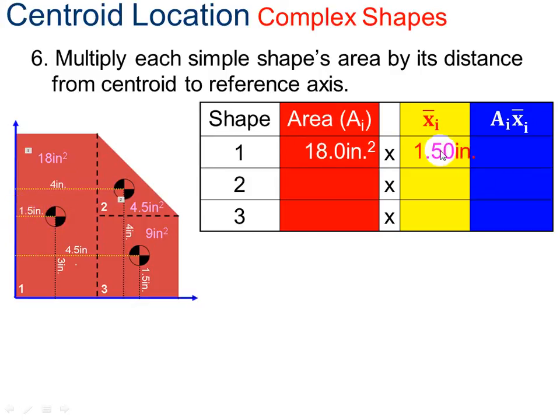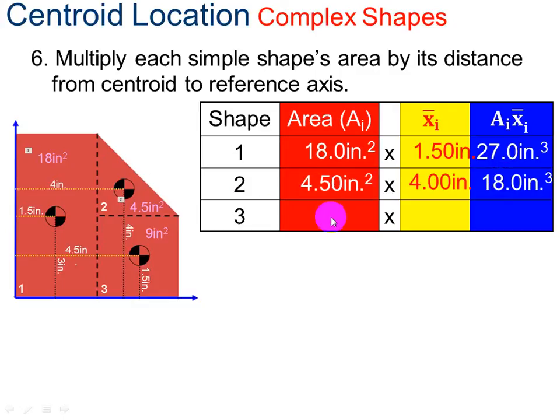So I'm going to add it there. And then I'm going to multiply 18 by 1.5, and I get 27. Now for shape 2, the area that we calculated earlier was 4.5. And then the distance from the centroid to the axis in the x direction is 4. And I'm going to multiply 4.5 by 4, and I'm going to get 18.